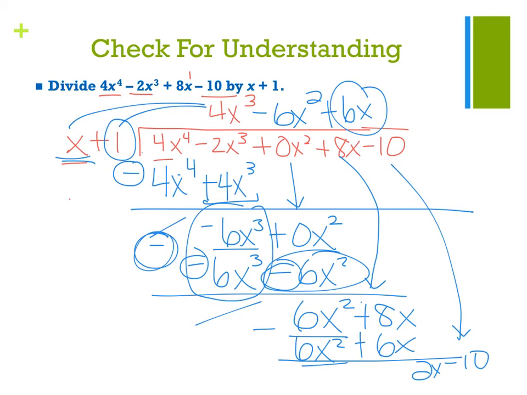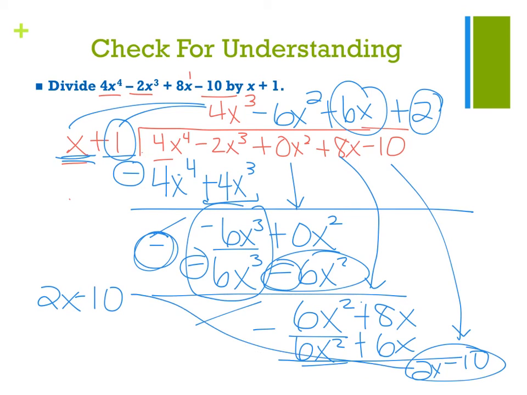X goes into 2x a positive 2 times, and 2 times x and 2 times 1 is going to give me, I'm running out of room again, so I was left with 2x minus 10 over here, and if I multiply 2 times x and 2 times 1 up here, I get 2x, and 2 times positive 1 is positive 2.